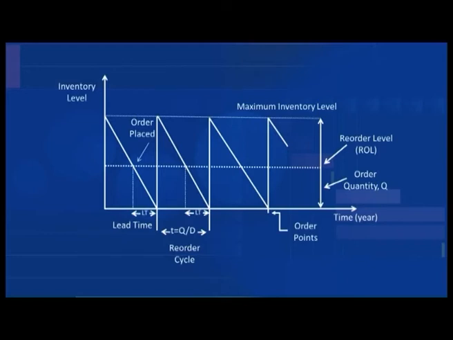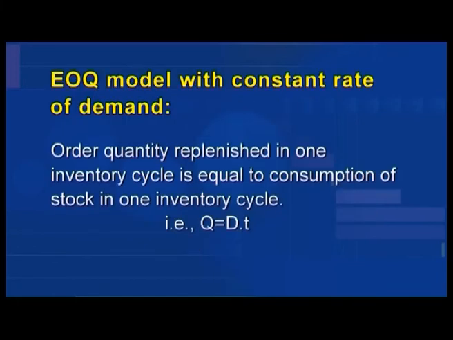At this point, an order is placed equal to Q, which arrives at the end of lead time when the inventory level reaches 0. This amount is placed in stock all at once and the inventory level goes up to the maximum value. Order quantity replenished in one inventory cycle is equal to consumption of stock in one inventory cycle, that is, Q equals D times T.